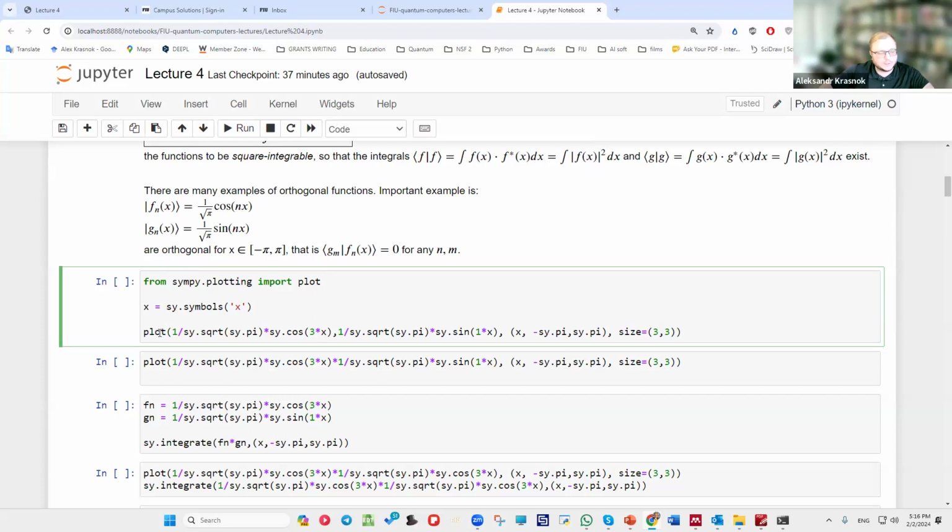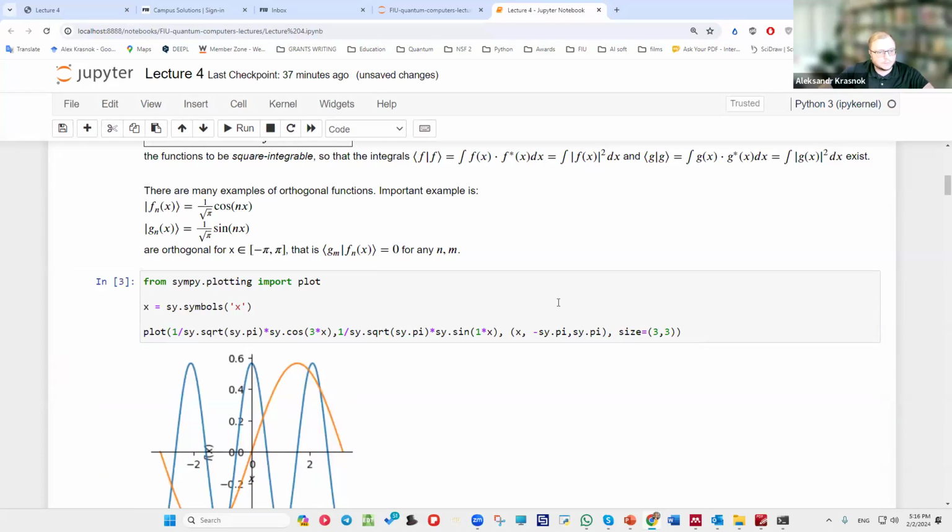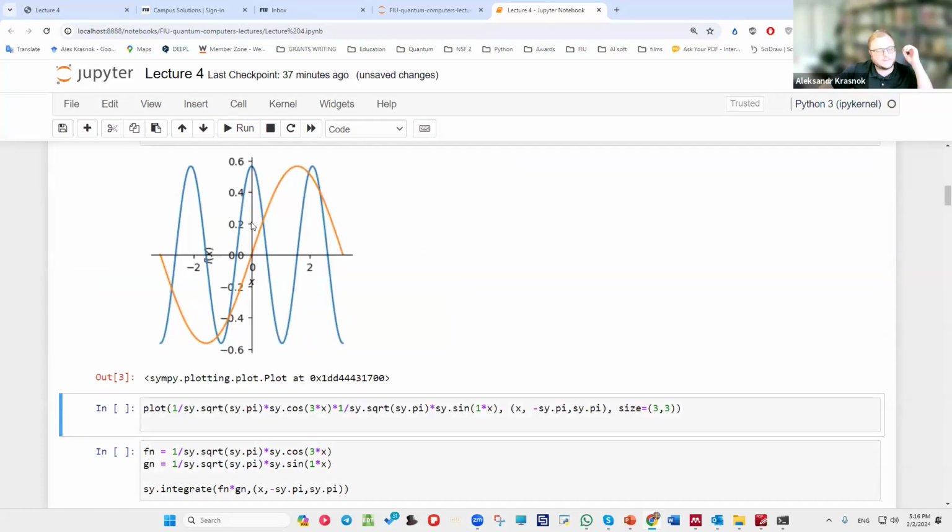All right, so I plot here the function cosine 3x and the function sine 1x in order to see how these functions look. Okay, so here's the plot.